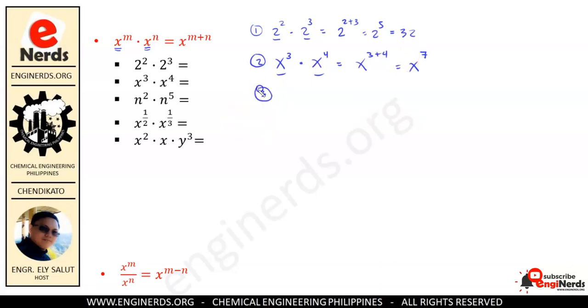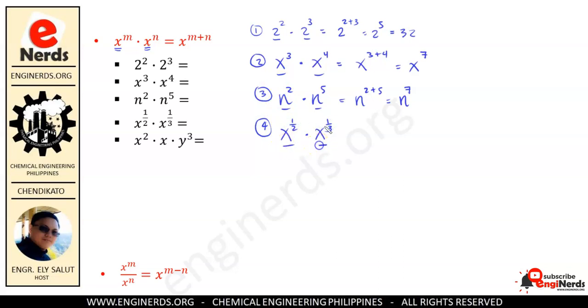Then, third example, we have n squared times n to the 5th. So, again our base is the same. So, we will have here n to the 2 plus 5, which is equal to n to the 7th. Fourth example, we have x to the 1/2 times x to the 1/3.